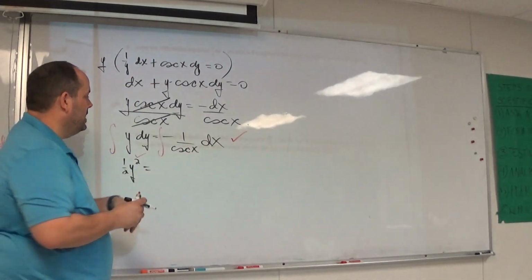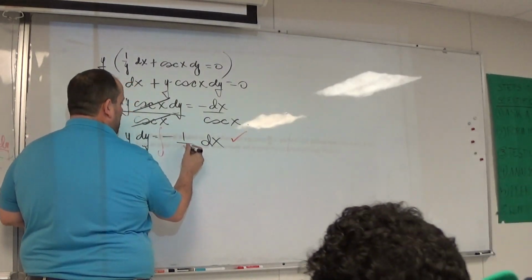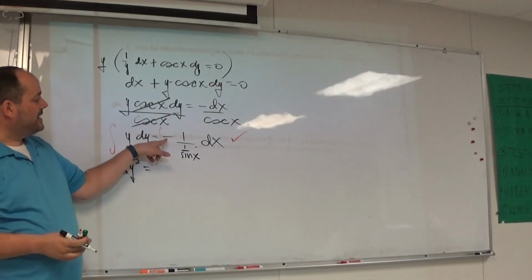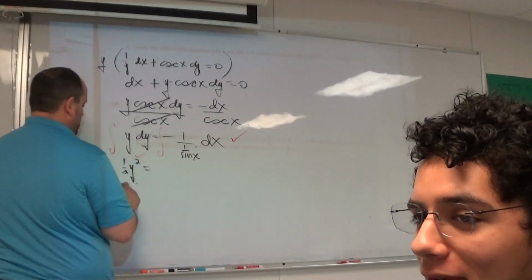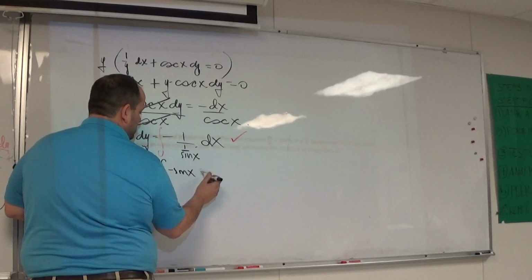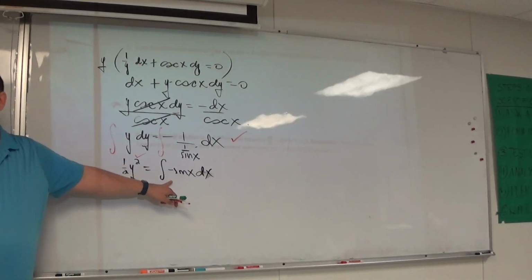Oh, wow. So what is this? Sine. If you're not sure what just happened, cosecant is 1 over sine. So negative 1 divided by 1 over sine is negative sine of x dx. You get no point for that, but now everybody knows what this is.